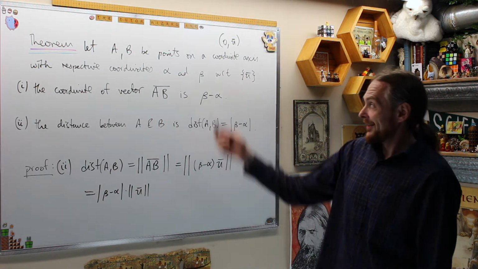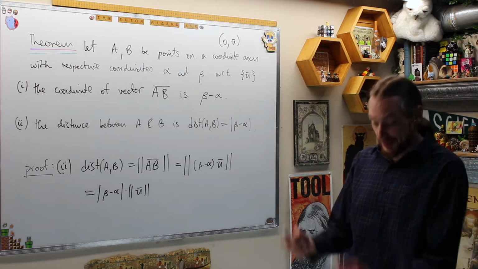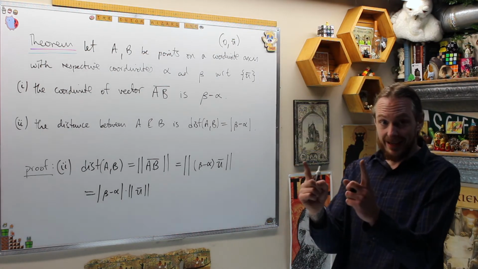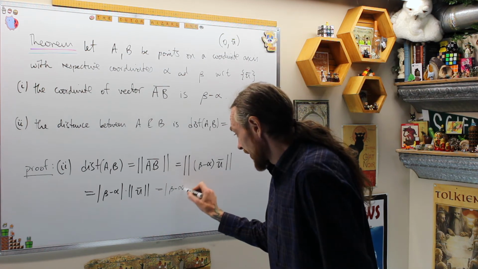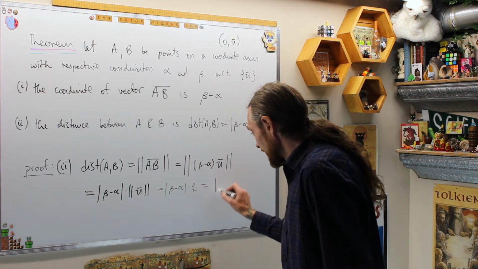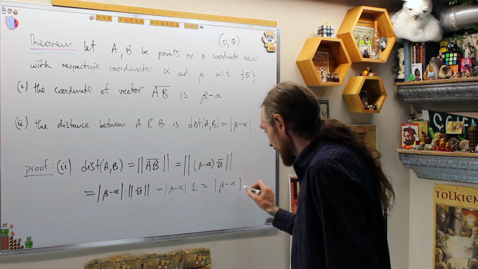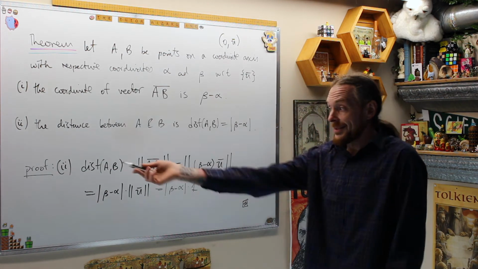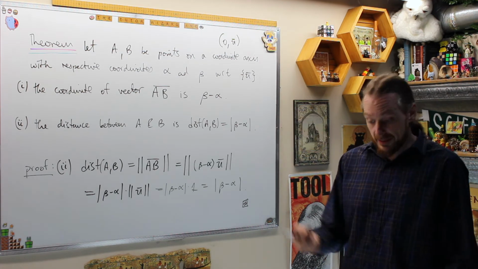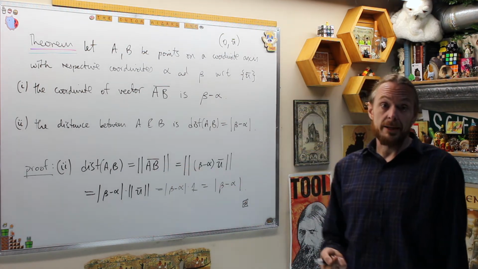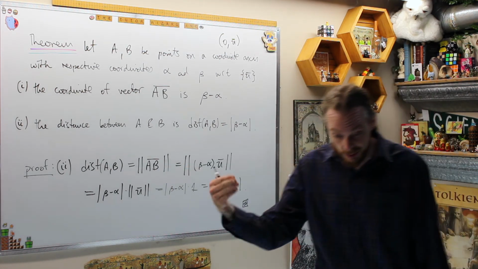But the norm of u is 1 because it's a unit vector specifically. We've set its length to be 1. So this is the absolute value of beta minus alpha times 1, which is the absolute value of beta minus alpha. So the distance between those 2 points is the absolute value of beta minus alpha, which is the coordinate of the vector AB.